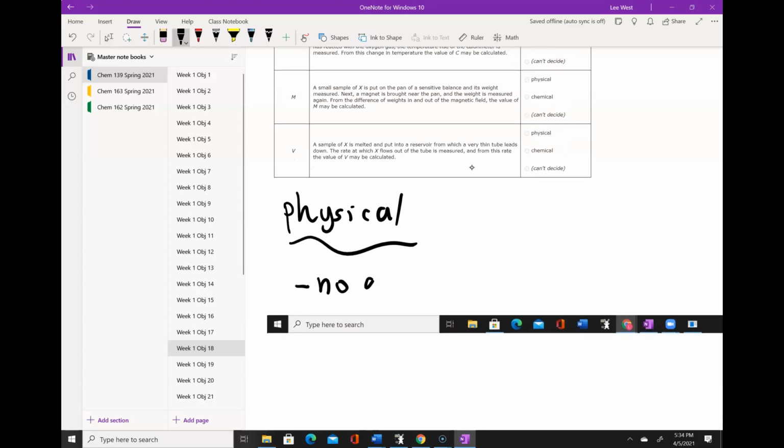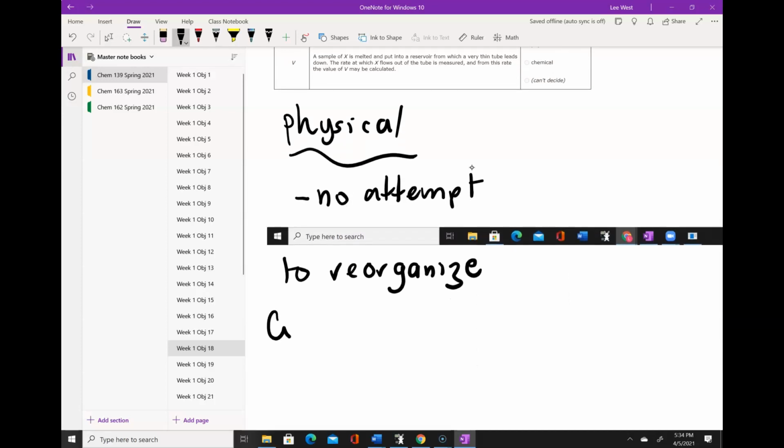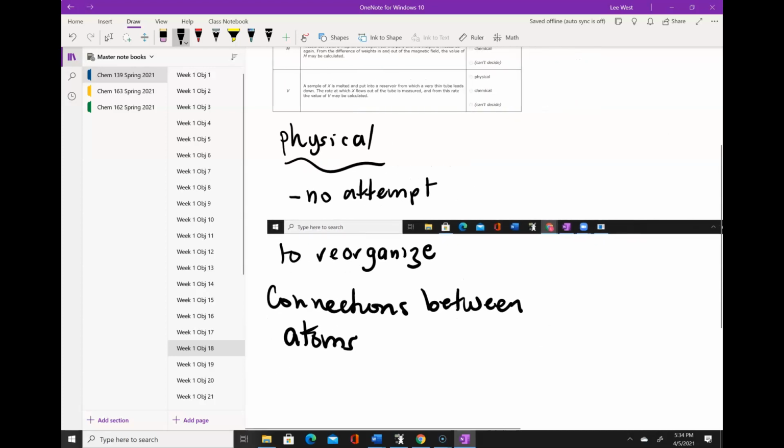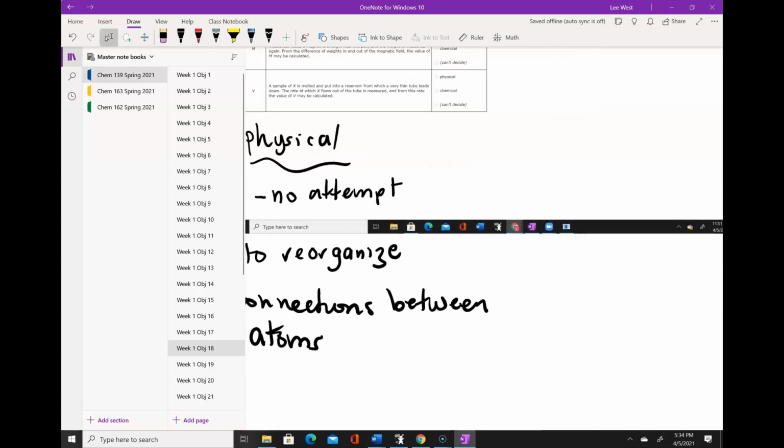So, no attempt to reorganize connections between atoms. So a classic physical property would be measuring the temperature of something, right? Or it could be measuring the density of something. That would be a classic physical property.